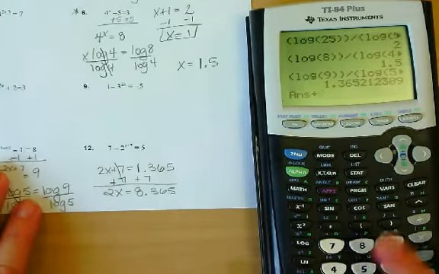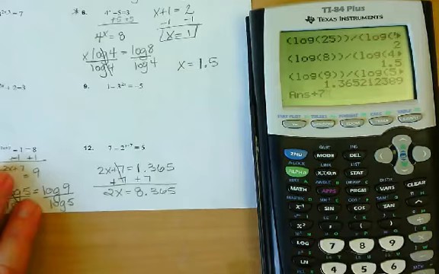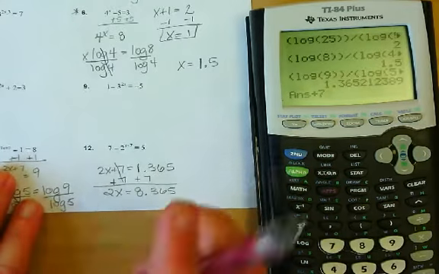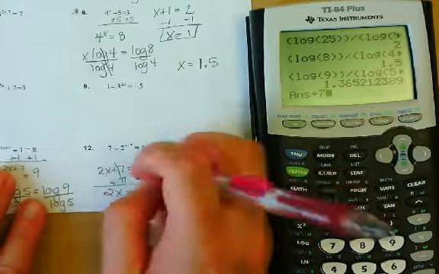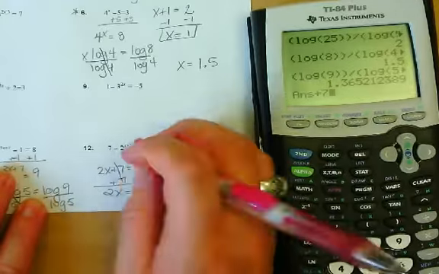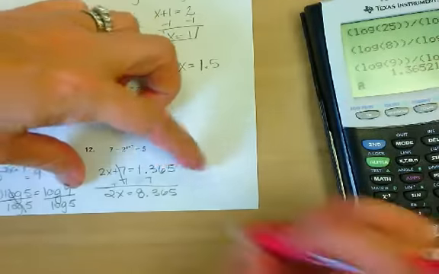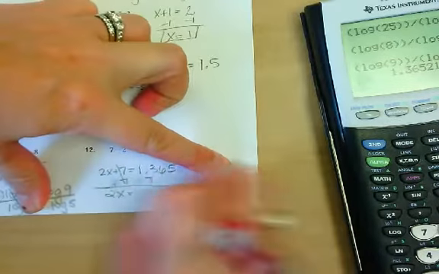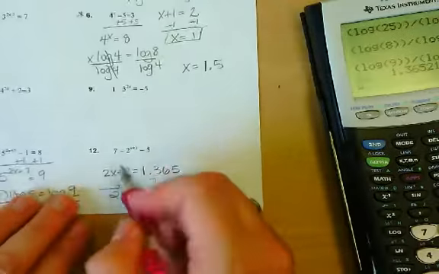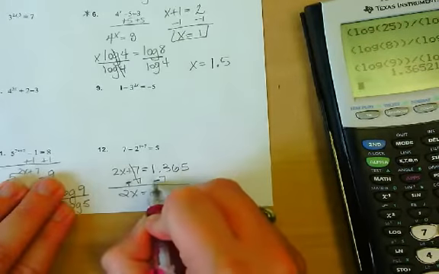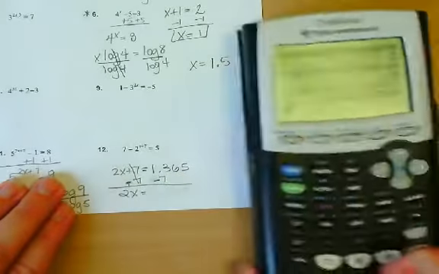Excuse me, I don't need to add 7, I need to subtract 7. So let me fix my mistake. It was already plus, so I need to subtract in order to get rid of it. So I'm going to subtract 7 from that value.